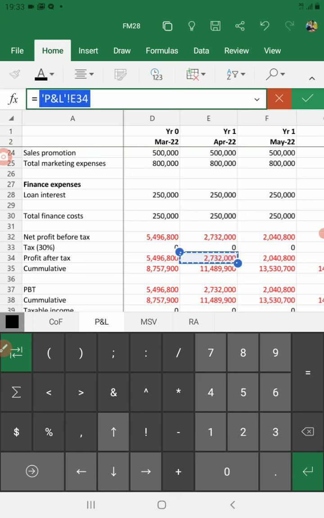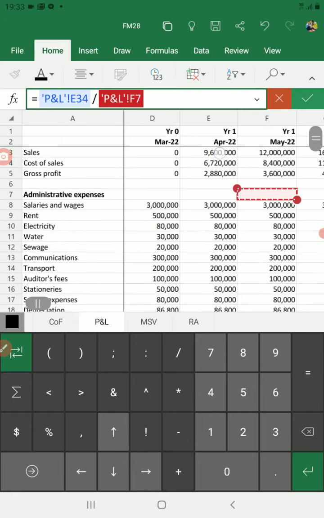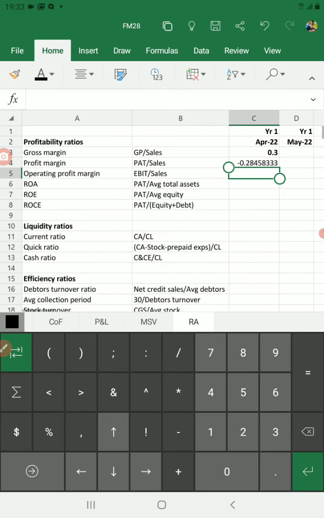In this case it is loss for this month, and then divide by sales figure, which is this one, sales, press enter.